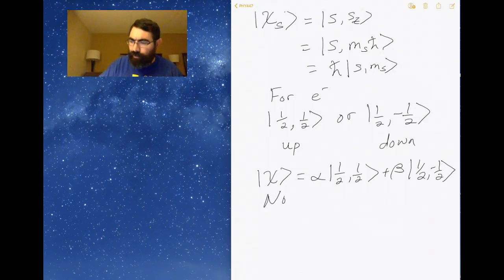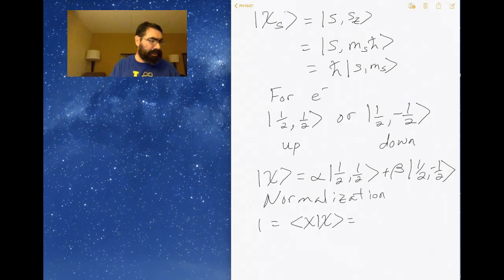The spin states 1/2 and minus 1/2 are orthonormal, so they normalize to 1.